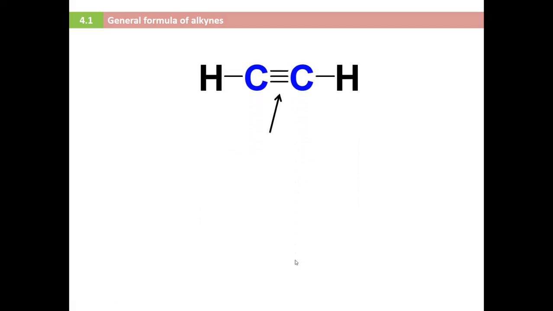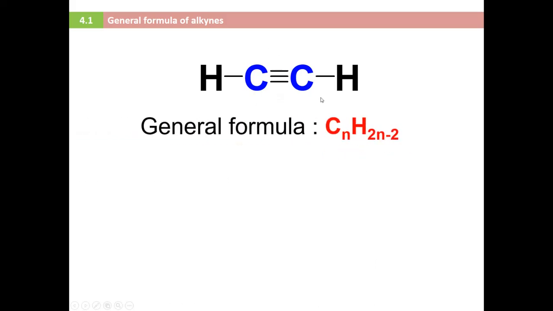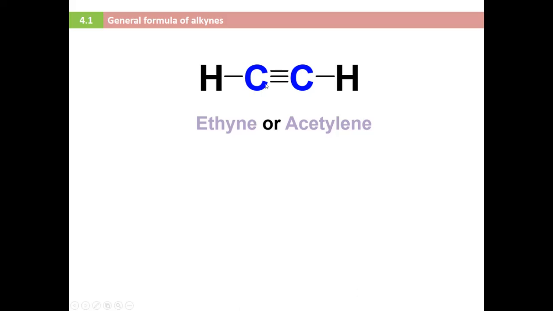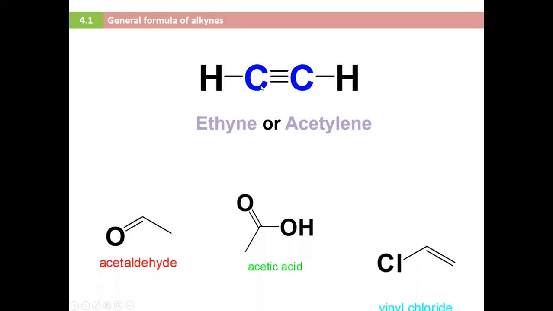So for the general formula of alkyne, alkyne is a type of organic compound that consists of a triple bond, and it is categorized as an unsaturated hydrocarbon. For example, here we have 2 carbons, which is ethyne. So this is the name for alkyne.